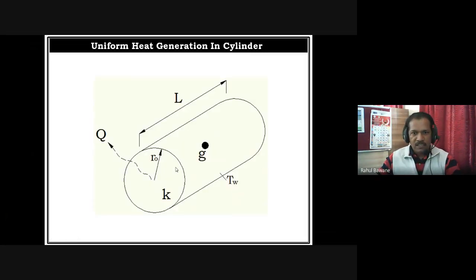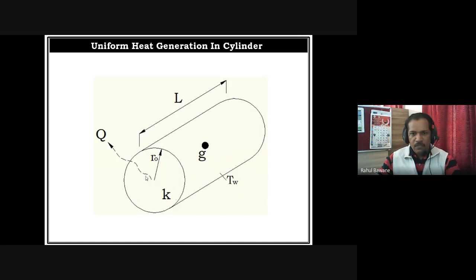Consider there is one cylinder having an outer radius R_O, and this cylinder has a material of thermal conductivity K and length L, and there is a heat generation source within this cylinder, due to which heat is generated and conducted out and reaches the outer surface, and the outer surface becomes T wall.